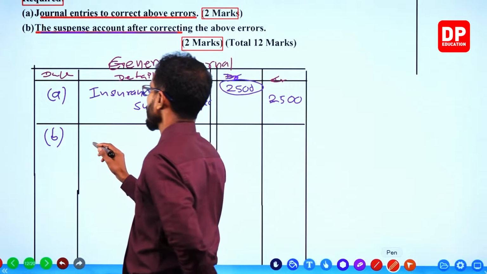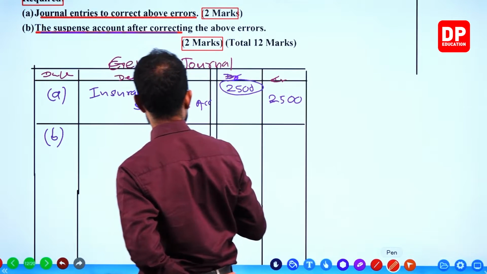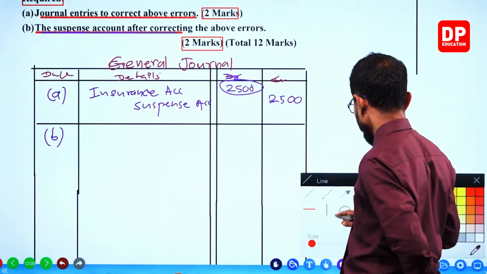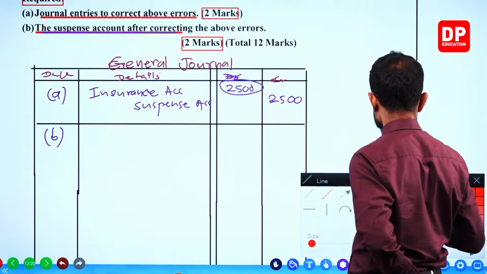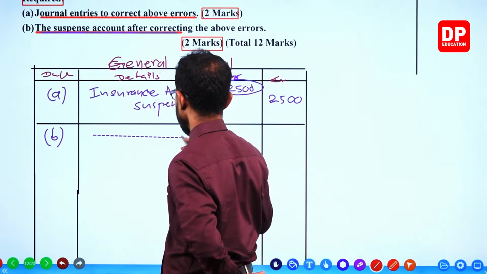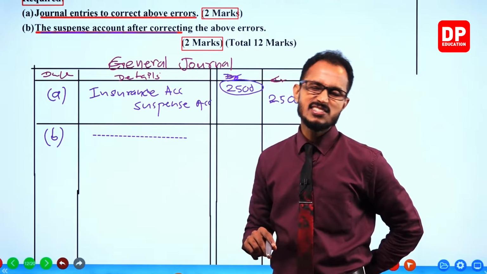B. Debit to the trial balance. And you know that we do not write trial balance when we write the journal entries.